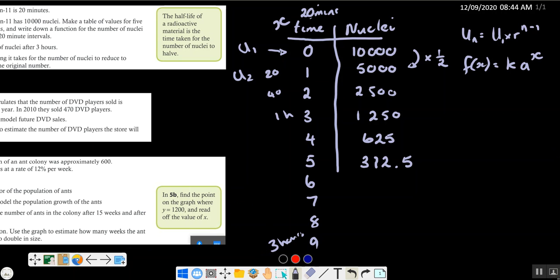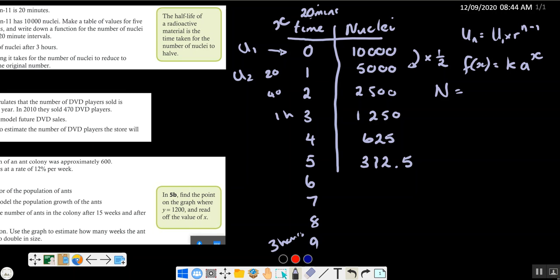Alright, so what do we do then? The number of nuclei is what we want, f of x. K is the y-intercept, that's the initial value, like we said. Where we start from.